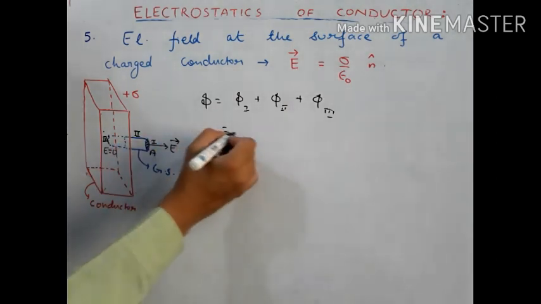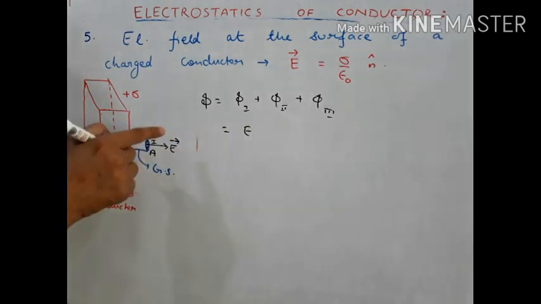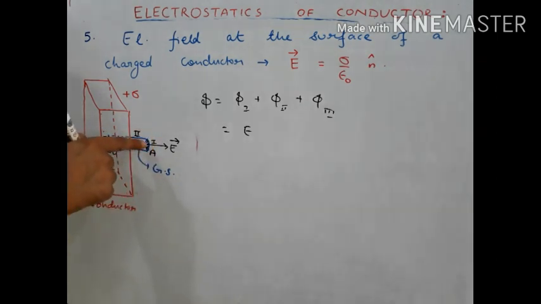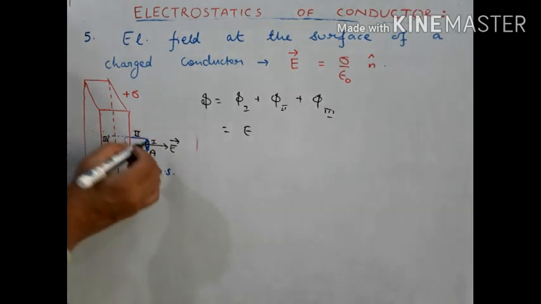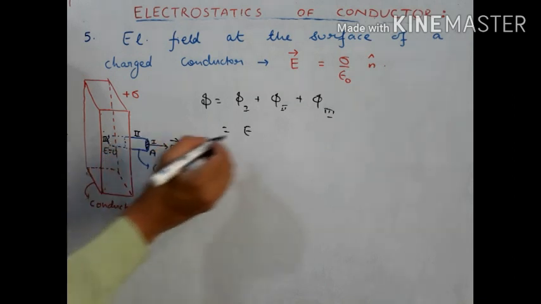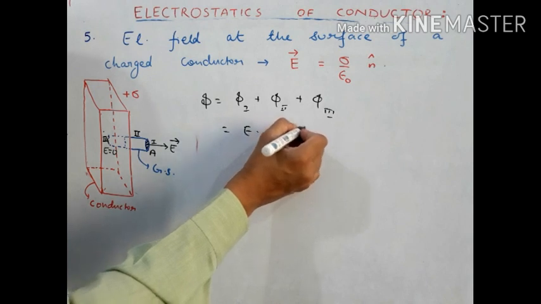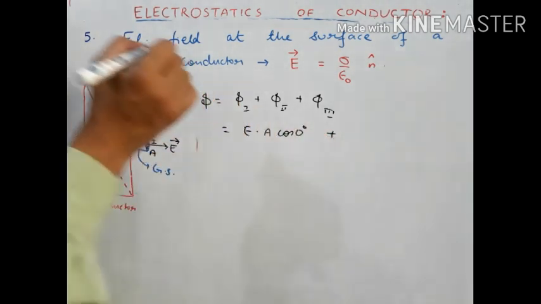Phi 1 will be E vector dot ds vector in that direction. So delta S vector or ds vector integral is having a value A and is directed along the outward normal. So the E vector and area vector for this face are in same direction. That's why this will become E times A times cos 0 degree. This is the value of phi 1.